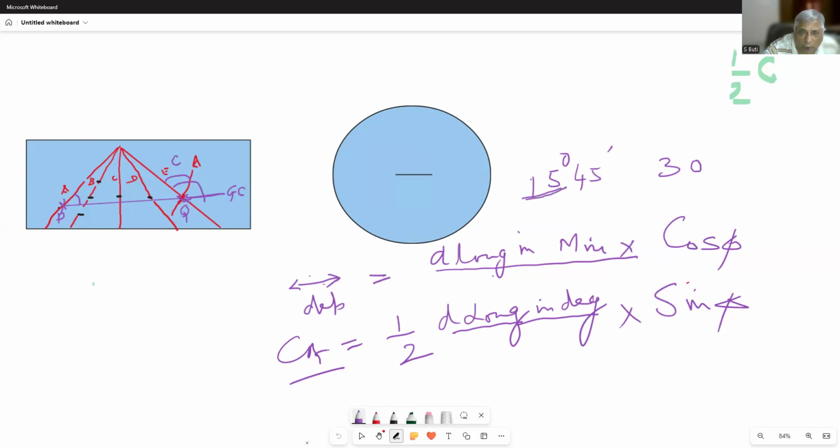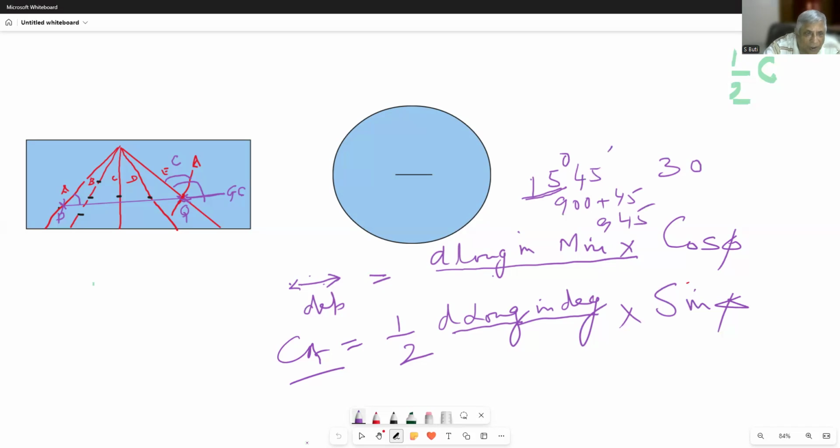It's not going to take you long. Each degree is 60 minutes. So 15 into 60 is 900 plus 45 minutes. So your dlong in minutes will be 945 minutes. Multiply 945 with cosine of 30 and you will get the departure, that is distance east and west.